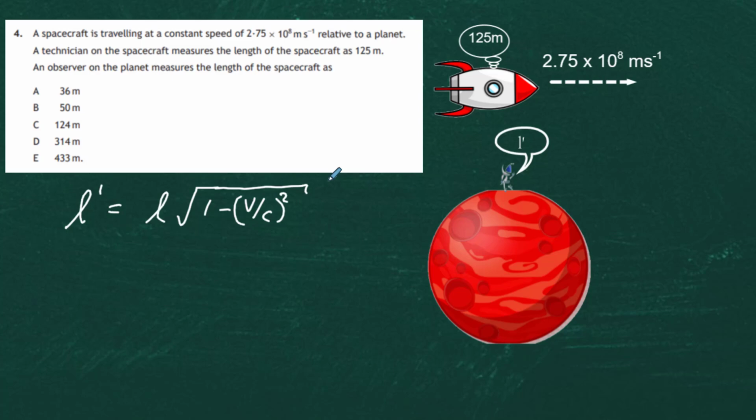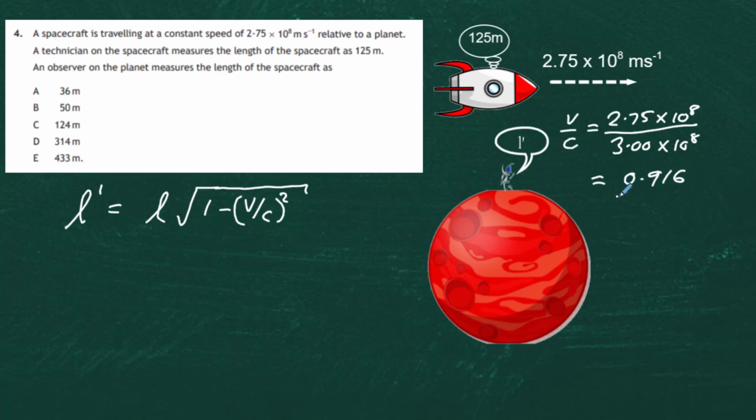Now we know v and we know c, so we can make it much easier to deal with by looking at the ratio v divided by c: 2.75 times 10 to the power 8 divided by 3.00 times 10 to the power 8. It just makes our calculation easier to put down. Do that in a calculator, we get 0.916.